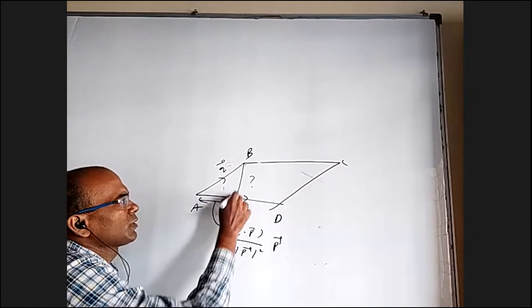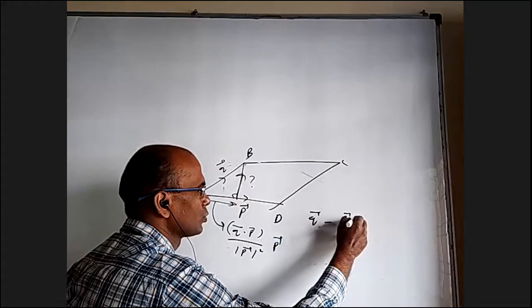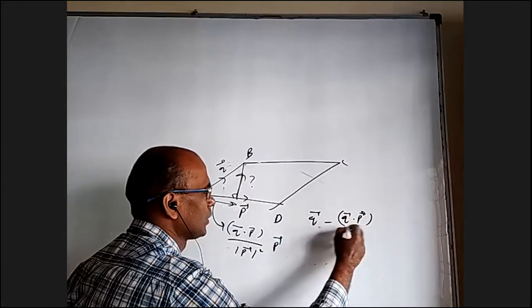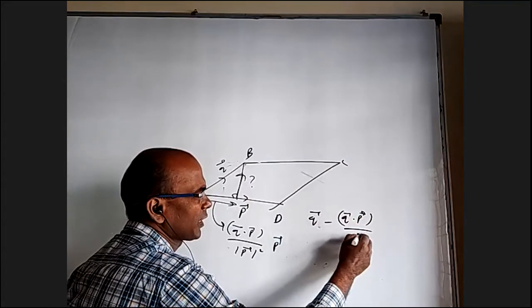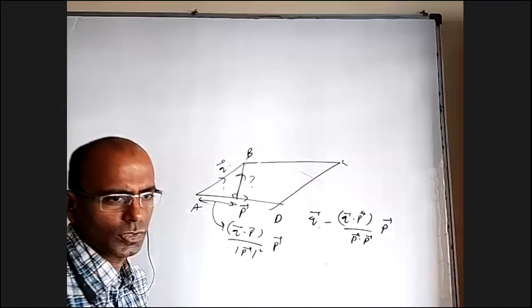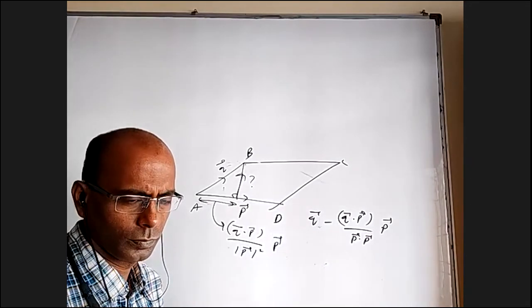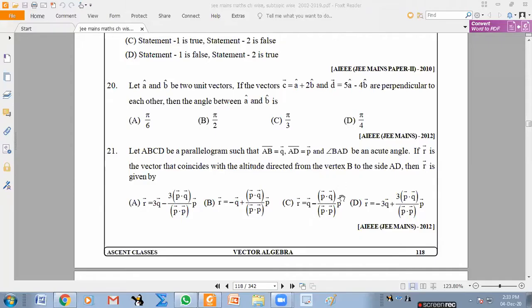The formula is (Q bar dot P bar) by mod P bar square into P bar. From Q, remove this, you will get this vector, which is Q bar minus (Q dot P) by mod P bar square into P bar. If they want, they can write P bar dot P bar. That's it. Straightforward. But they also said directed from B towards AD.